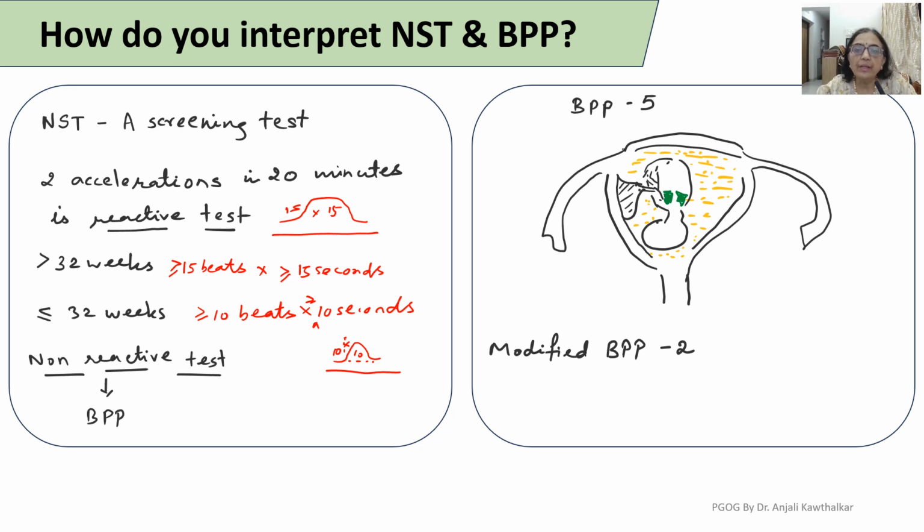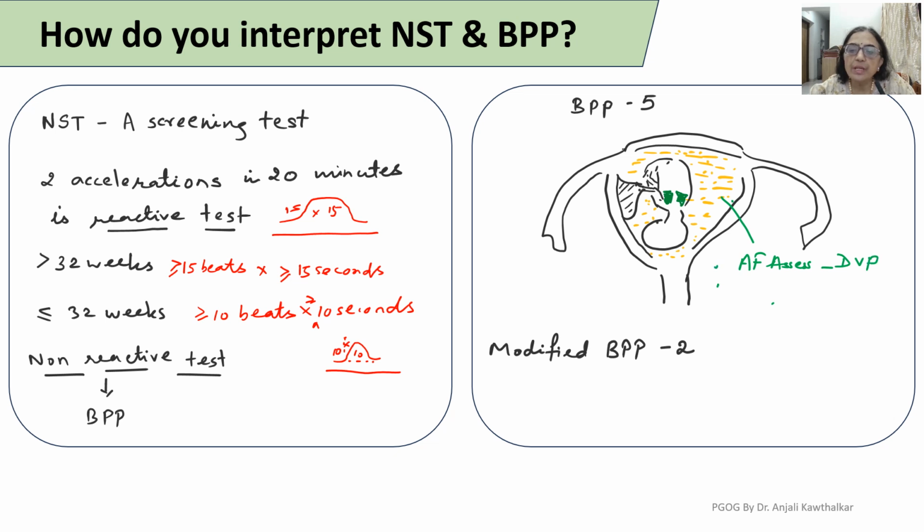In the biophysical profile, there are 5 parameters. First, the most important, is the amniotic fluid index or amniotic fluid assessment, which can be done by the deepest vertical pocket.